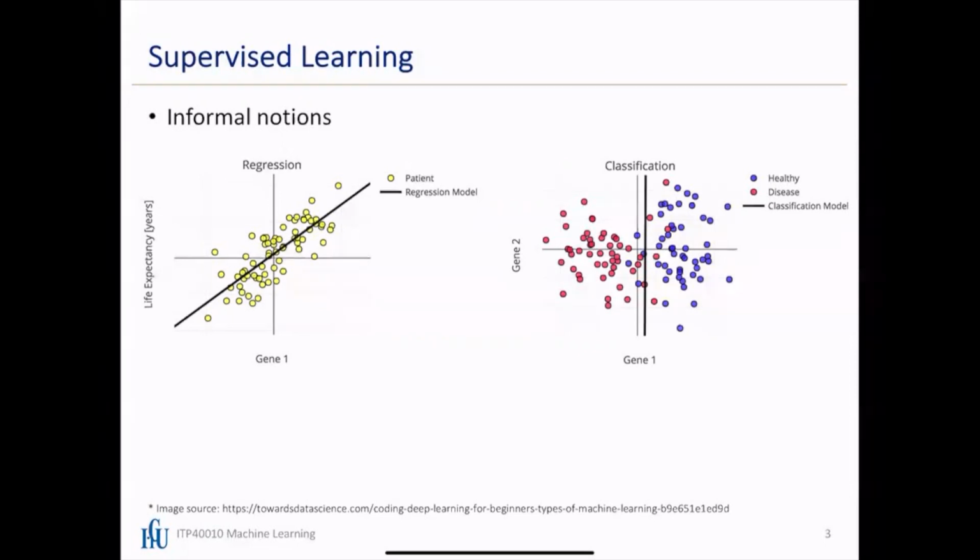So informally, supervised learning is nothing but drawing a line. So regression, the problem that we are going to tackle today, is where you have a bunch of data points and you want to draw a line that is summarizing your data the best.